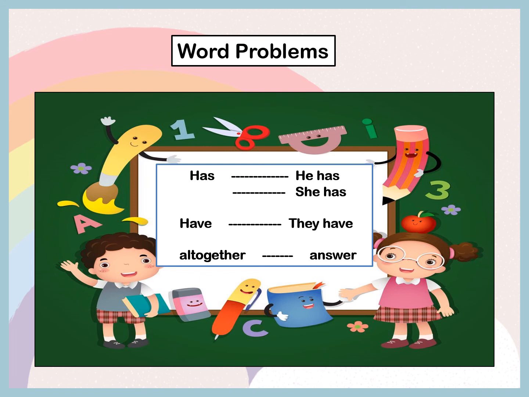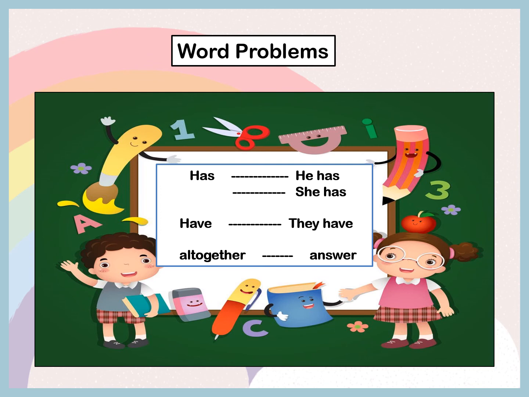Next is have. They have. They is a pronoun for many. If there's many, then we should use have. They have. And altogether is the answer.